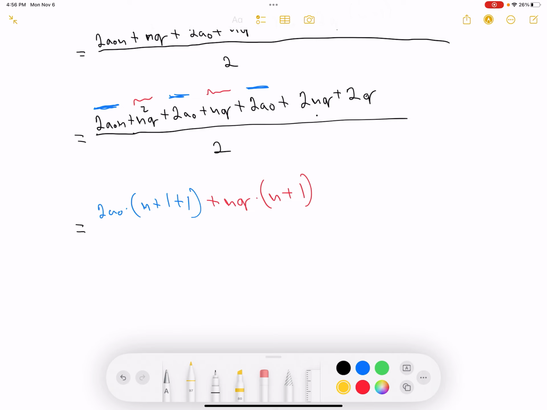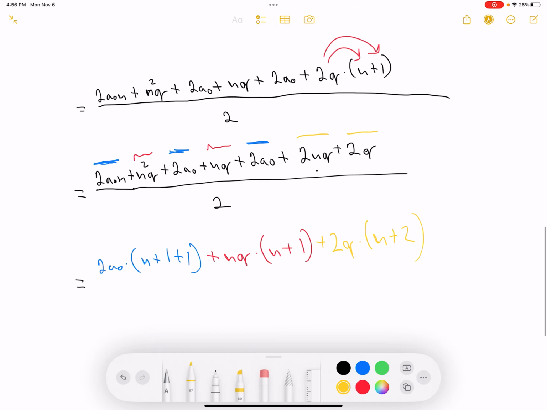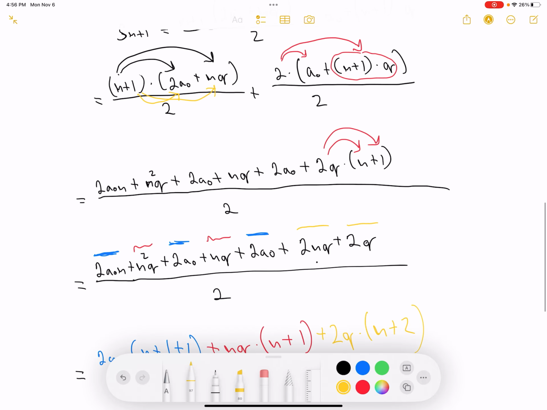So what do we do about these two terms? We could say plus 2q times n plus 2, right? I'm seeing that I made another mistake.